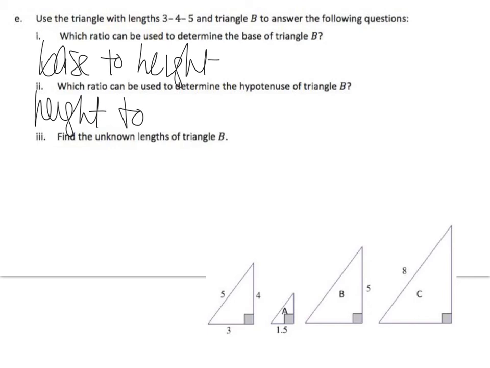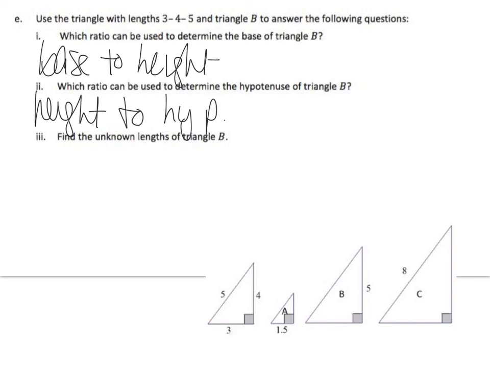If I have the height and I'm trying to determine the base, I'm going to compare it to the height and base. And if I'm trying to determine the hypotenuse, I have the height, I'm looking for the hypotenuse, so I'm going to compare it to the height to hypotenuse ratio, right?